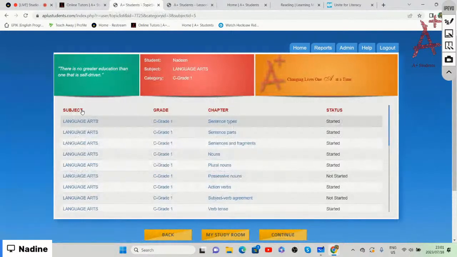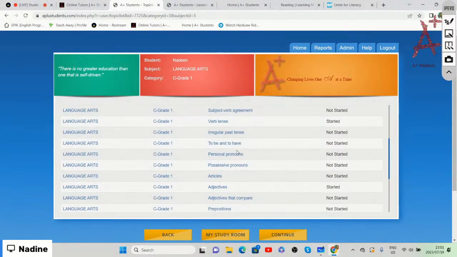All right, so once we've selected the subject of language arts, we're going to scroll down until we get to the chapter of adjectives.